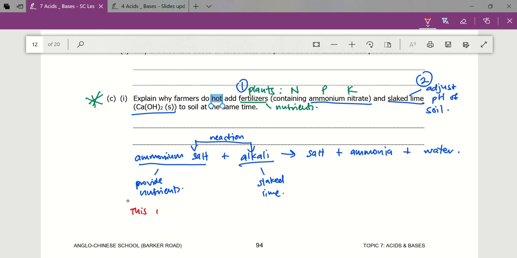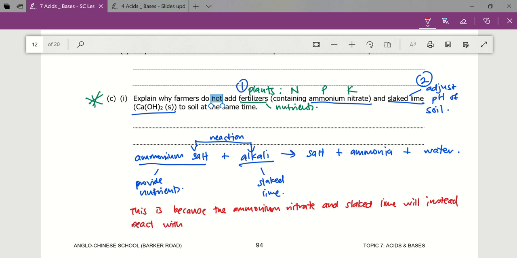So this is because the ammonium salt, the ammonium nitrate, and slaked lime will instead react with each other to form salt, ammonia gas, and water.